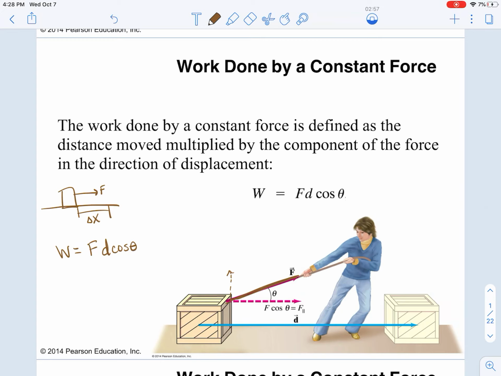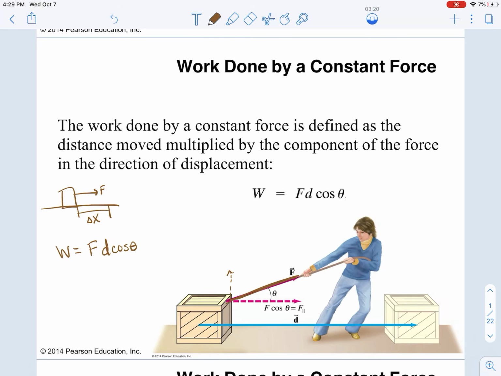So let's think about it. If she is pulling up, is that force going to be used in any way in order to move my object some horizontal distance? No, the component of her force that is vertical is not going to be responsible for doing the work that causes this crate to move horizontally.